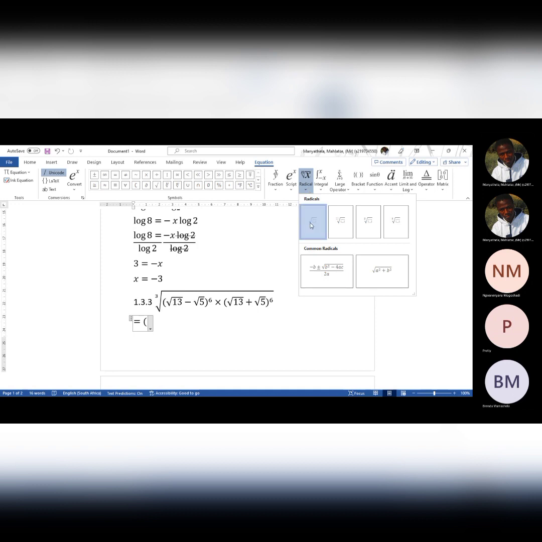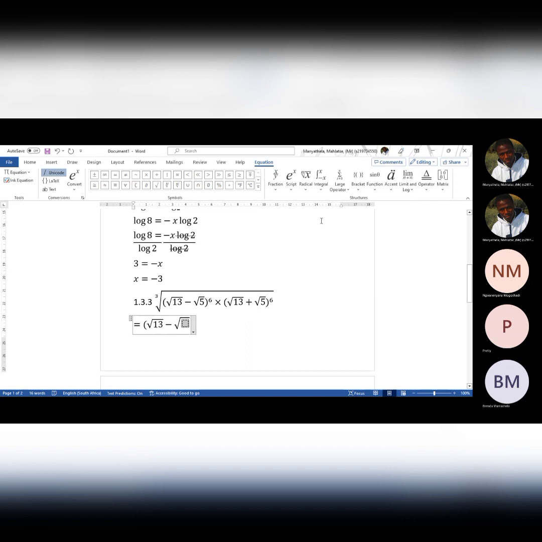The square root of 13 subtract the square root of 5, all to the exponent 6. So I raise that to the exponent 1/3.